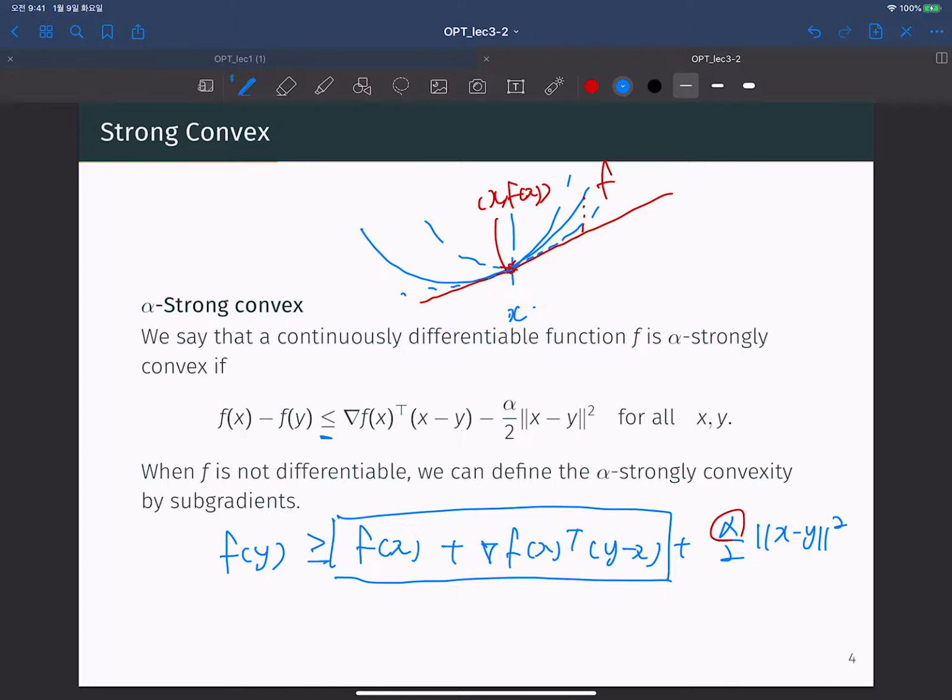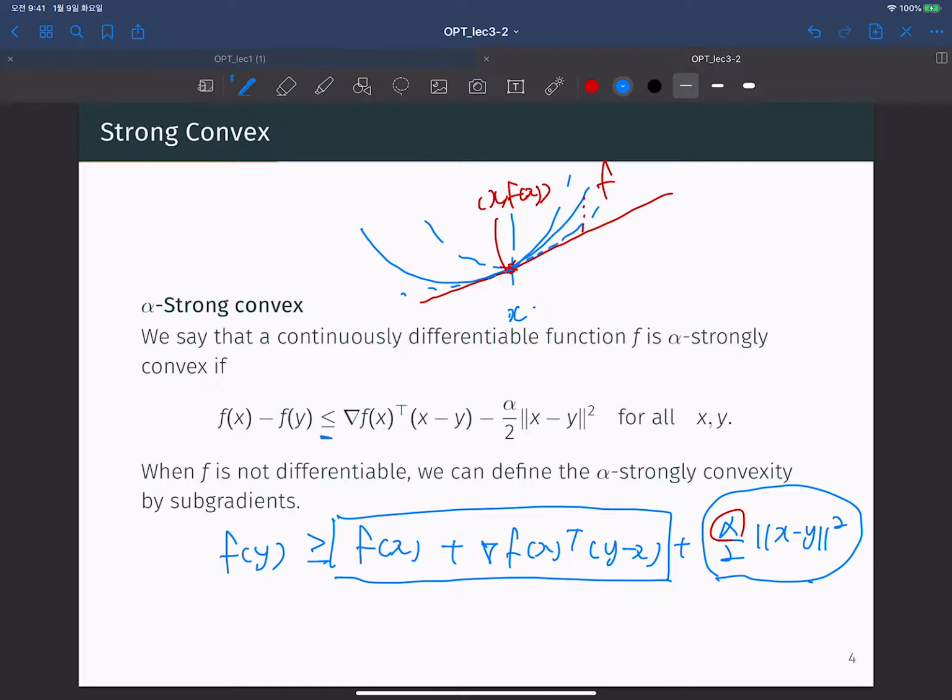Okay, so basically, when a function is alpha strongly convex, we can approximate the original function f with a quadratic function, and this approximation always lower bounds the original function f.